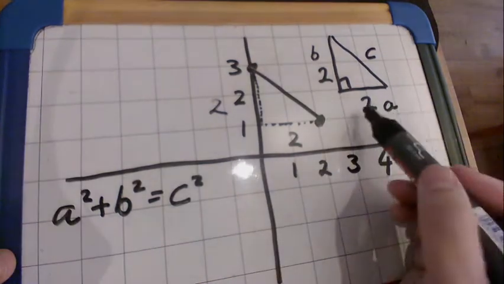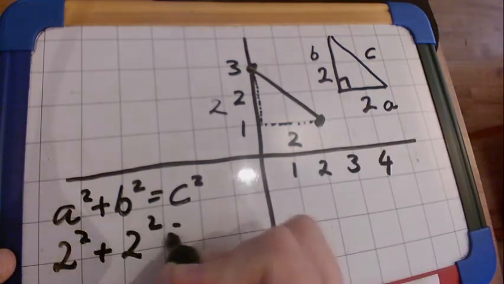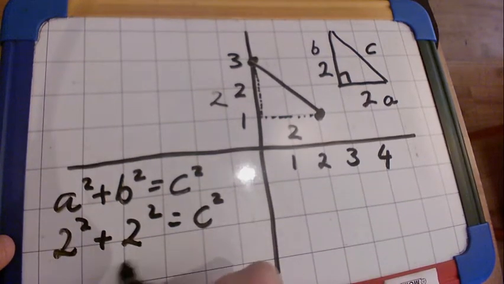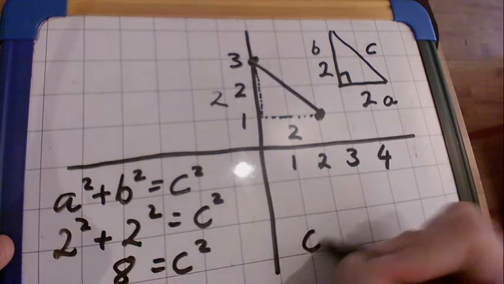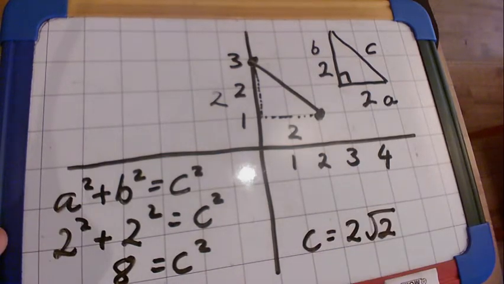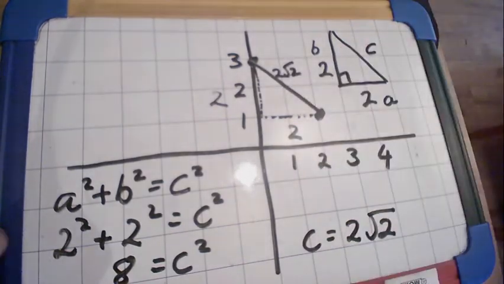So this is 2, this is 2, and I'm trying to work out c. 2 squared is 4, 4 plus 4 is 8, 8 is c squared, so c must equal the square root of 8. And from previous studies, you should know the square root of 8 is 2 root 2. So the length of my segment is 2 root 2 units.